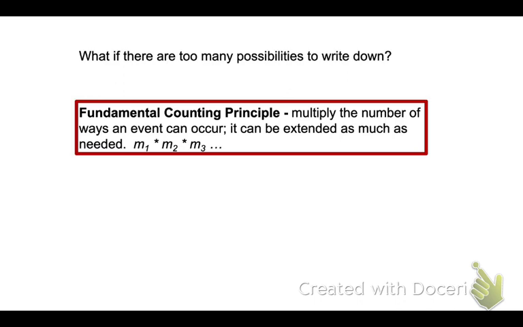We have the example on the next slide. You could put that as an example of it. I'm going to write the bold now. If you just want the definition, it's just to multiply the number of ways an event can occur.